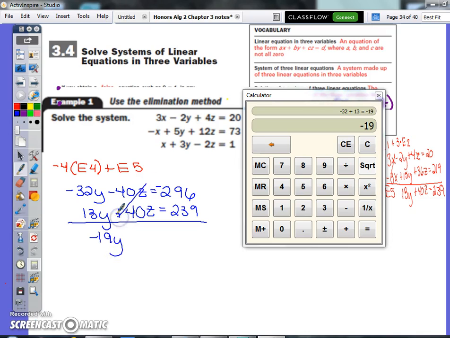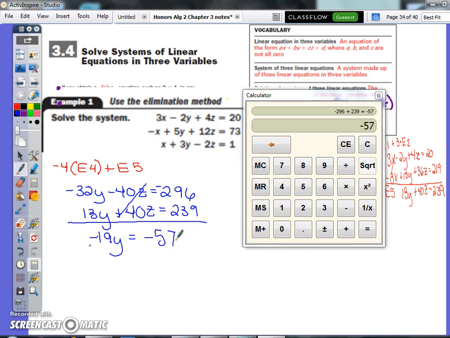We purposefully remove the z's. Then we have negative 296 plus 239. Oh, beautiful. That would have messed with me, I would have gotten some ugly fraction.